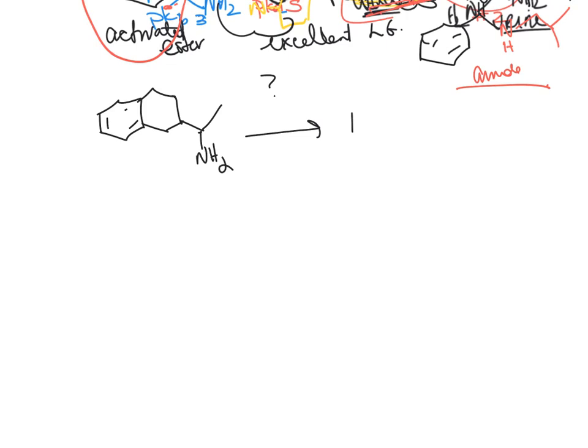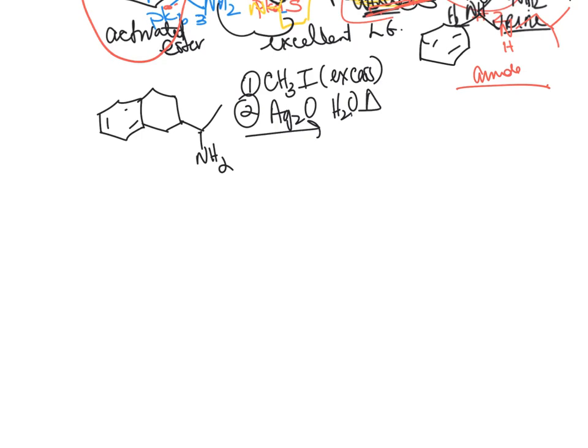To go from there, see, likely you would be given the reagents here. So let me give you the reagents. Let's do excess iodomethane. And then we're going to add silver oxide, water, and heat. All right, so you can do the heat third.